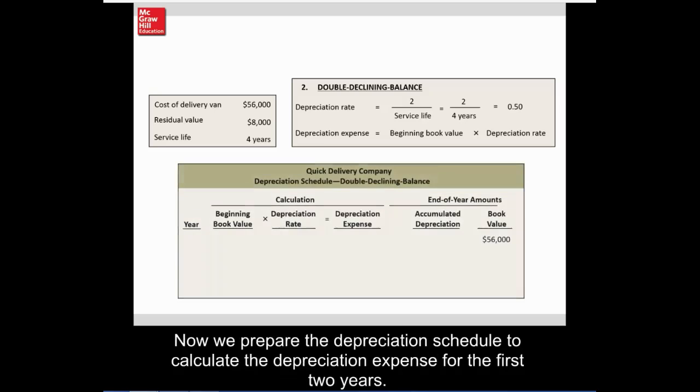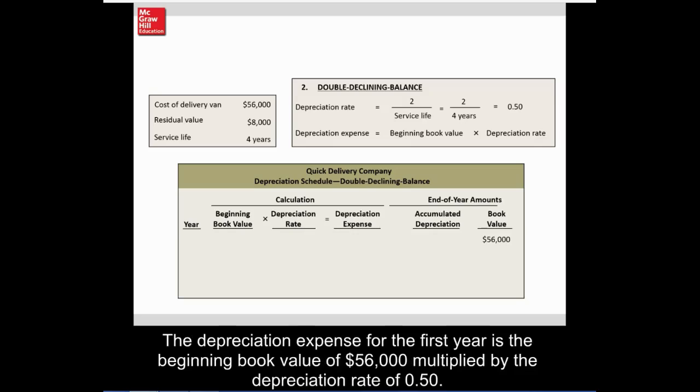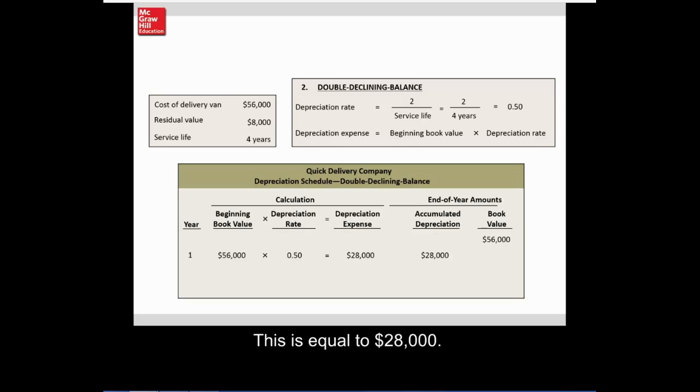Now we prepare the depreciation schedule to calculate the depreciation expense for the first 2 years. The depreciation expense for the first year is the beginning book value of $56,000 multiplied by the depreciation rate of 0.5. This is equal to $28,000.